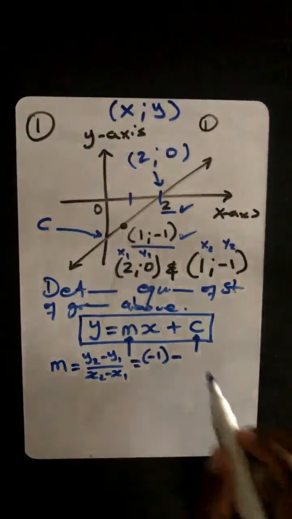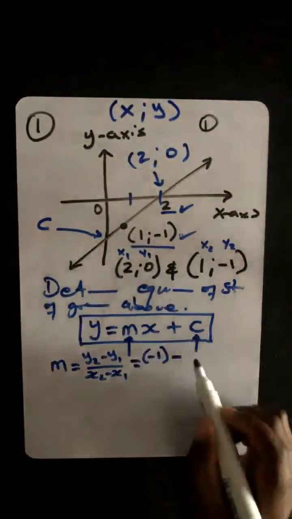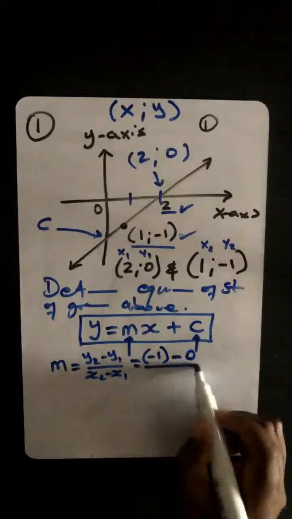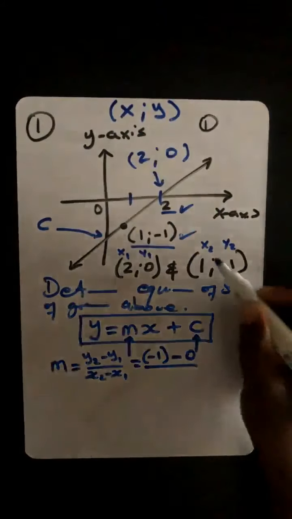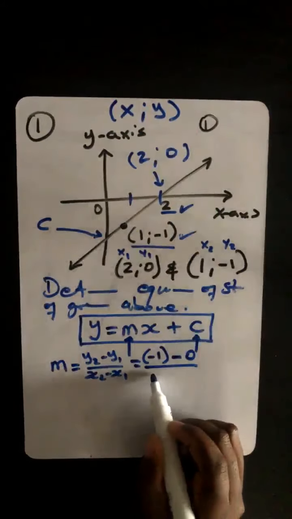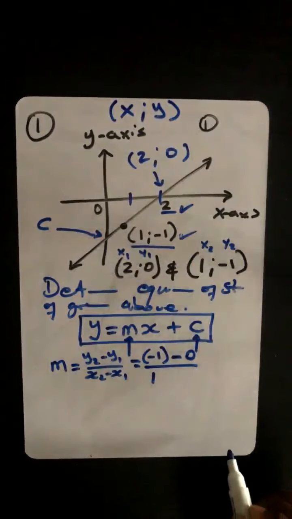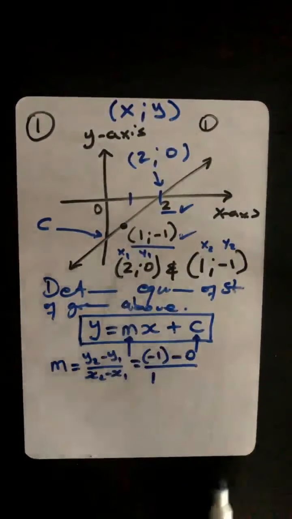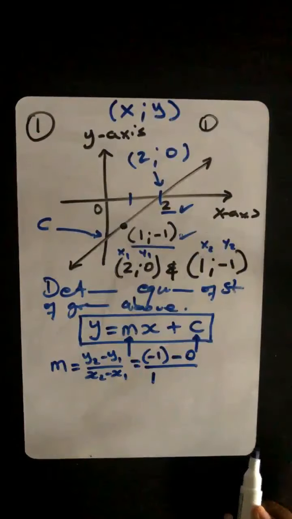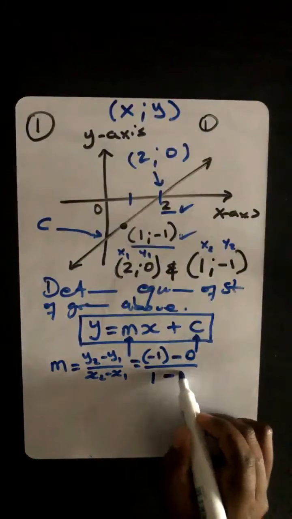Obviously our y1 is going to be 0, divided by our x2, that one over there, minus our x1, it's minus 2 over there.